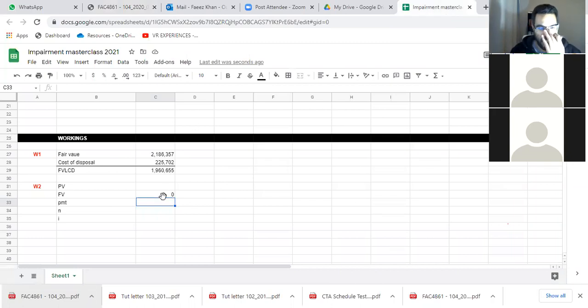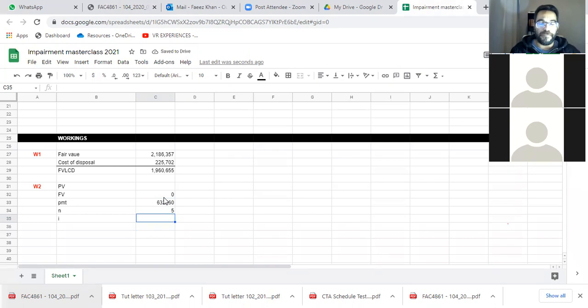Remember, your future value is the lump sum payment at the end of the term. Your payment is your regular fixed payment, so there's a fixed payment of 632,260 that happens every year. N is 5 years. And then I is your discount rate.